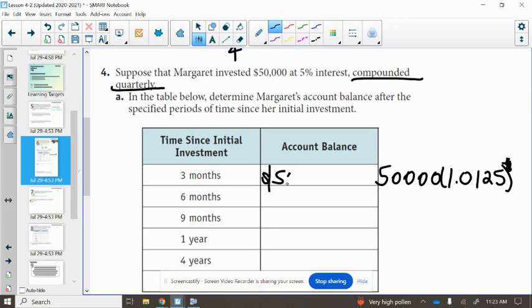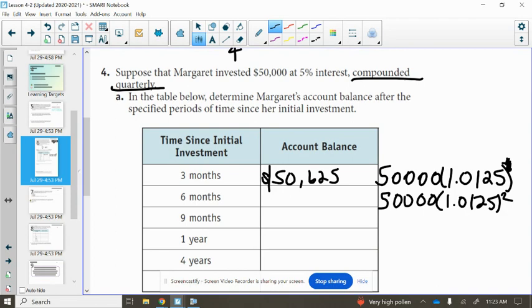So that's coming out to be like 50,625. And then the next one we would say, okay, every 6 months, so that would be the 1.0125. It's been compounded twice. And then every 9 months, so that would be a third time.